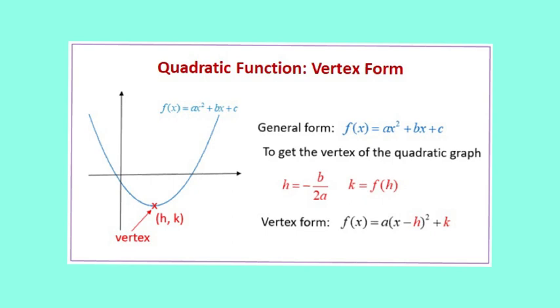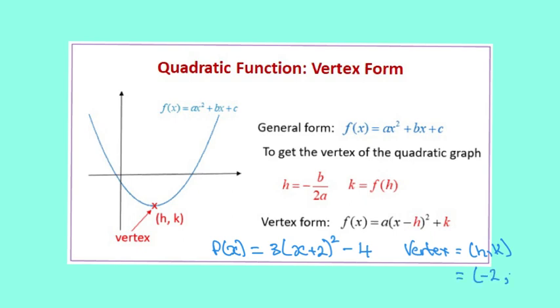We also know that the vertex is at h, k. So if we've got the equation f of x equals 3 brackets x plus 2 all squared minus 4, we know that the vertex is equal to h, k, which in this case is equal to minus 2, minus 4.